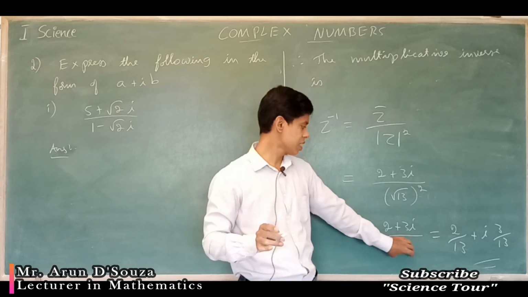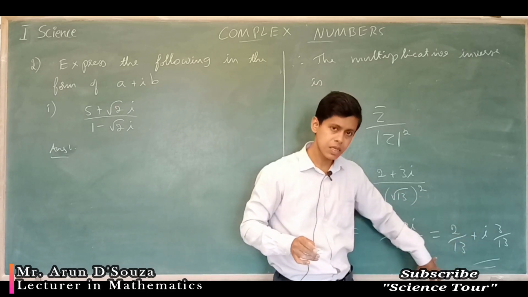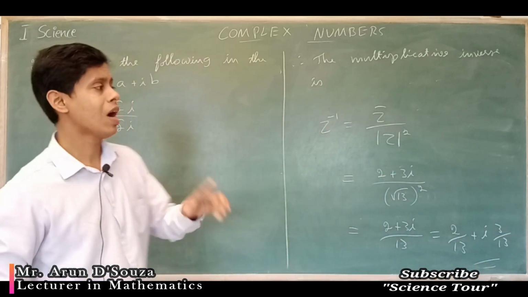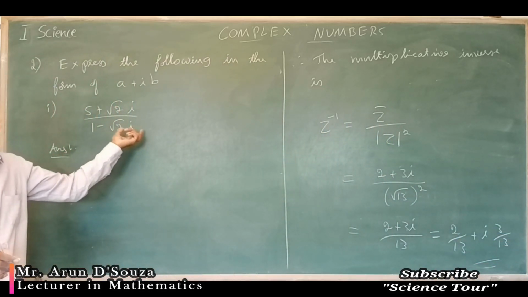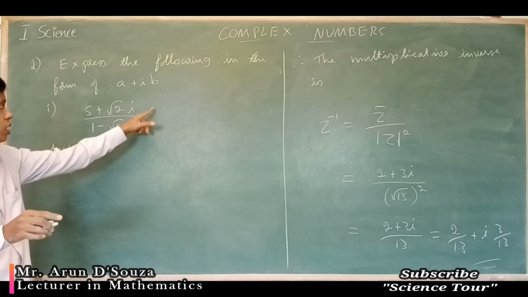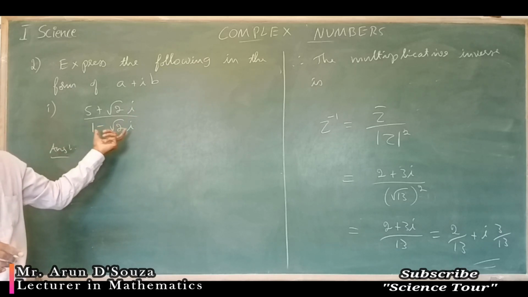So that should be a real number, then only you can shift them and you can get the real part separate and the imaginary part separate. So you have to get rid of this complex number in the denominator. So which method do you use? Rationalization. So what you have to do is multiply and divide by the conjugate of the denominator.